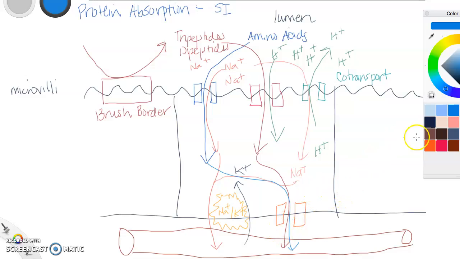All right, and then they go into the blood and they are off to the liver. Okay, so very similar to carbohydrate absorption, both of these molecules go right into the blood from the small intestine. And then from the blood, they go to the liver, from the liver into the circulation. Okay, so the next video I'm going to do is going to be about lipid absorption.